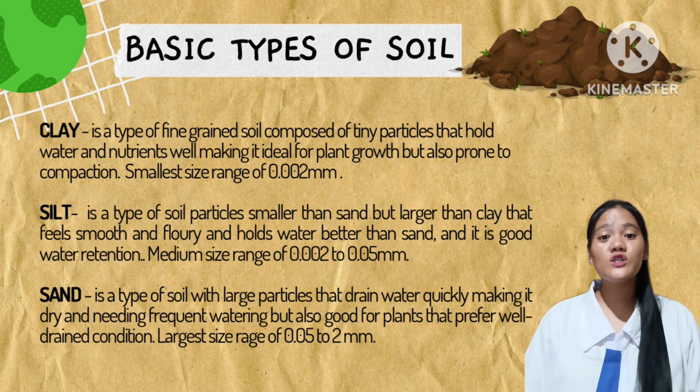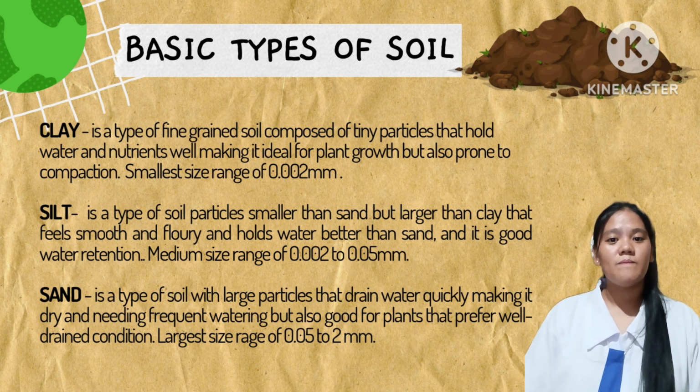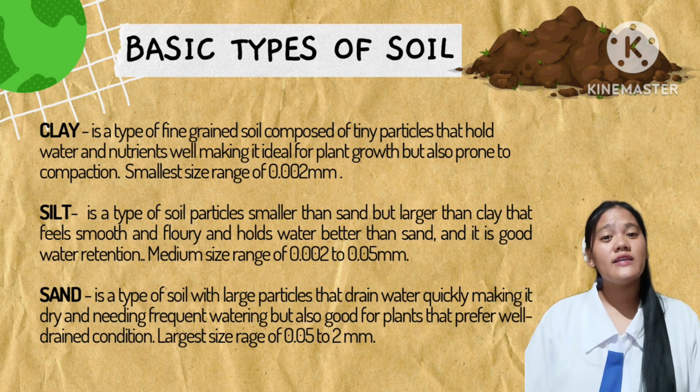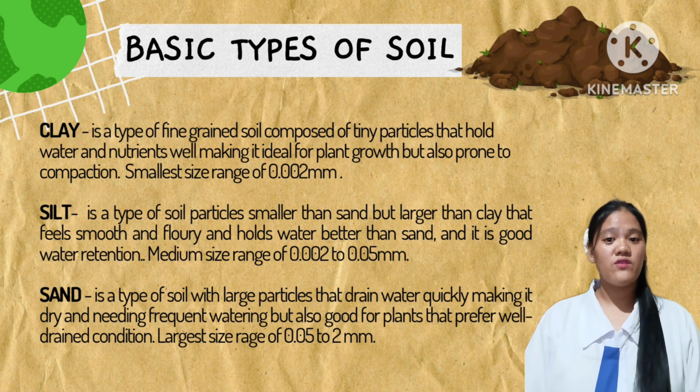Prone to compaction means that the soil is easily pressed together, becoming denser and harder. This is particularly relevant to clay, as compaction can have negative impacts on plant growth and soil health.